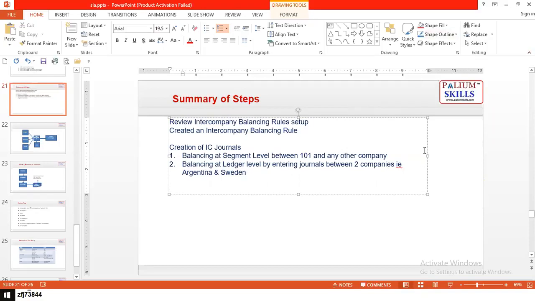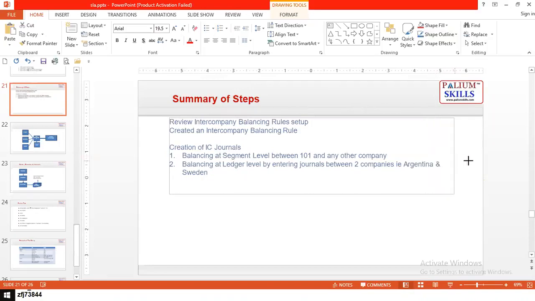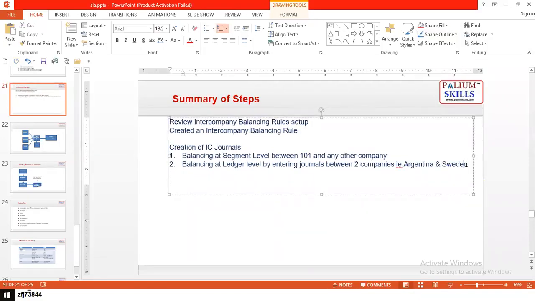That was our second example that we reviewed. Similarly, you can obviously do it for balancing at the primary balancing segment level also. The 101 will remain constant, and the system will automatically generate it for the other if any of the other values are different.